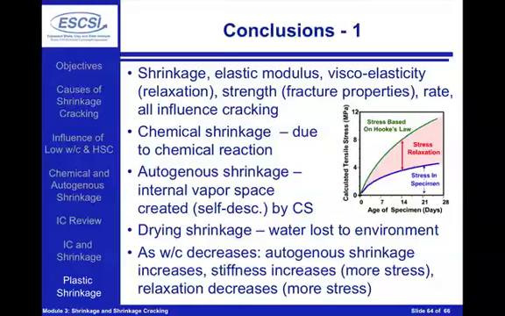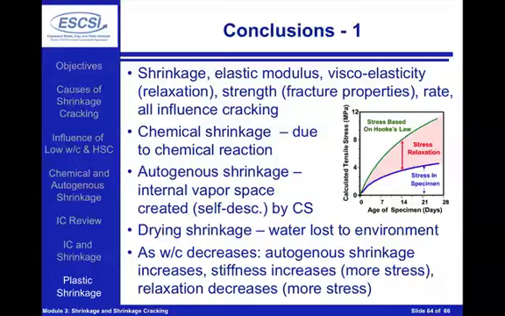Drying shrinkage describes water that's lost to the environment. When we use internal curing, we can slow down the rate of drying shrinkage, but at some point we probably get to having a very similar amount of drying shrinkage when we go long term. It's important to remember that as the water to cement ratio decreases, we frequently think the shrinkage decreases, but this isn't a complete picture because of when we start the measurements and how we do the measurements.